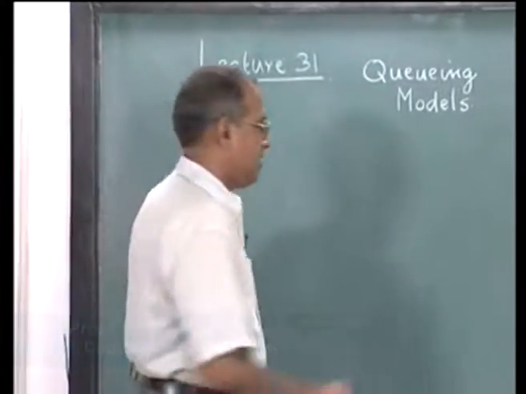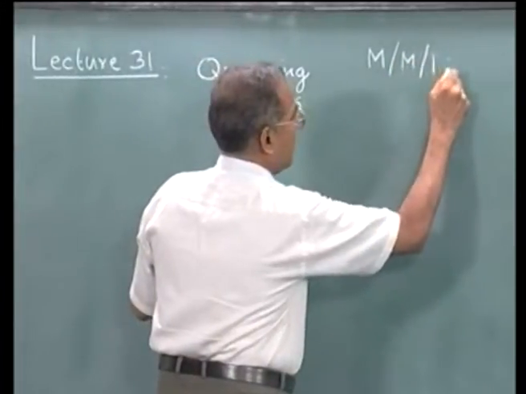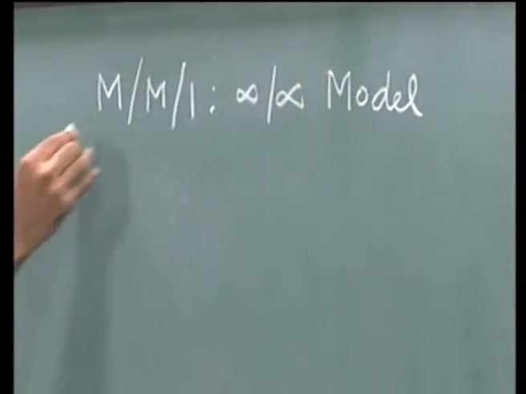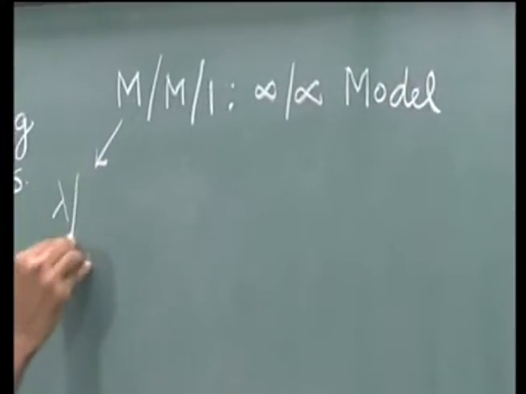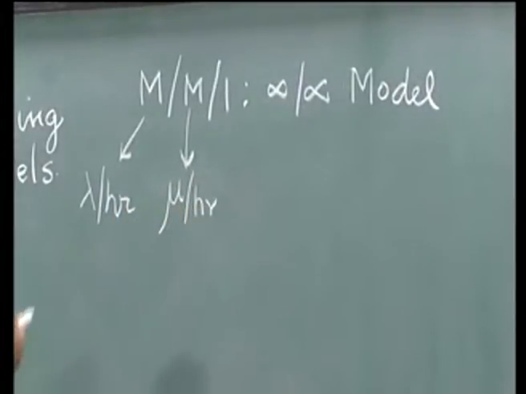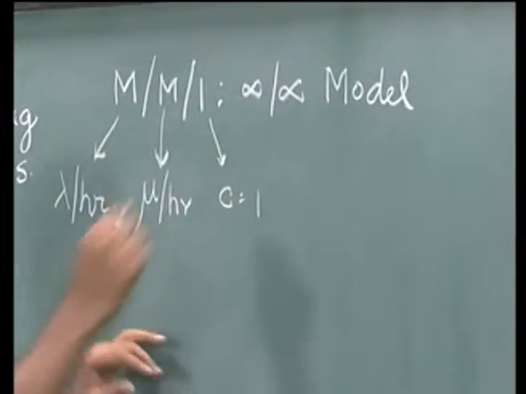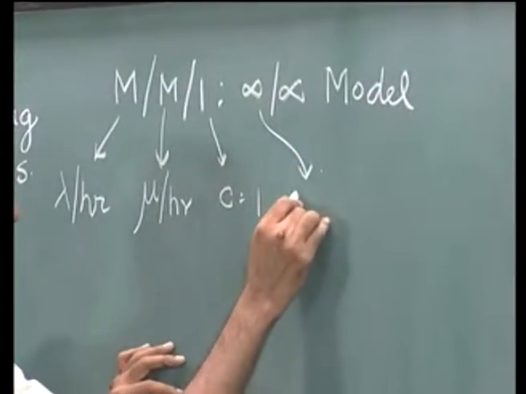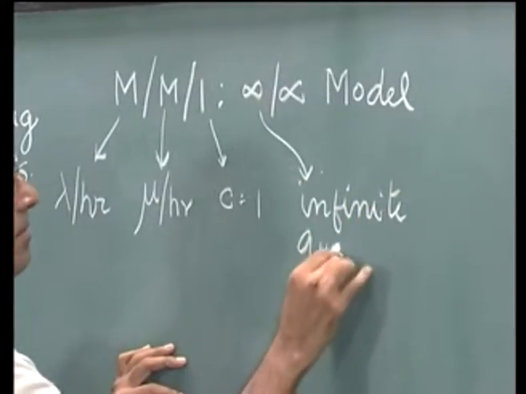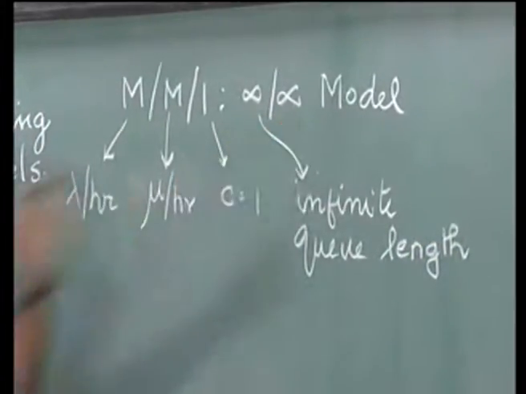In the previous lecture, we derived some expressions for the M/M/1/infinity model, where the first M stands for Poisson arrivals with lambda per hour, the second M stands for exponential service with mu per hour, the number of servers C is equal to 1, this is infinite queue length, and this is infinite population.